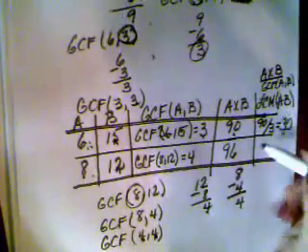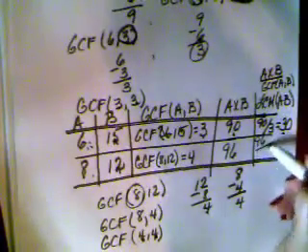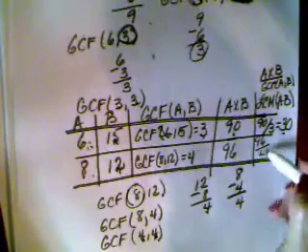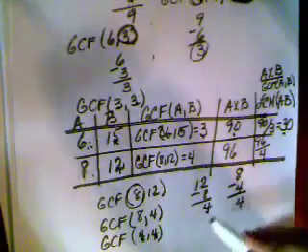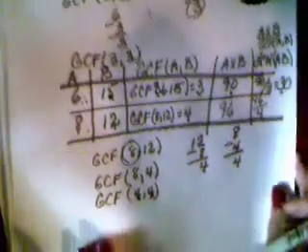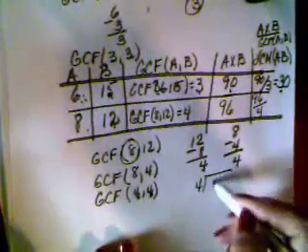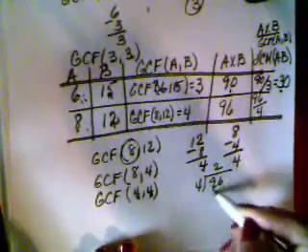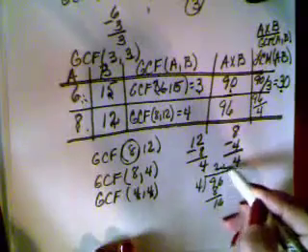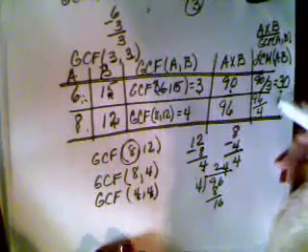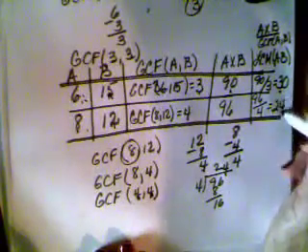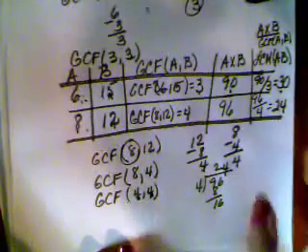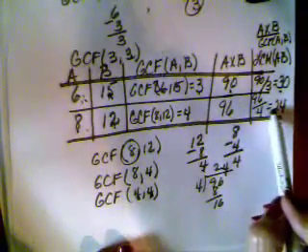Now to get the least common multiple, I'm going to take 96 and divide it by 4. So 24 will be the least common multiple.